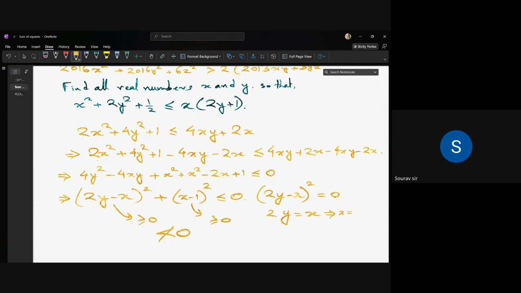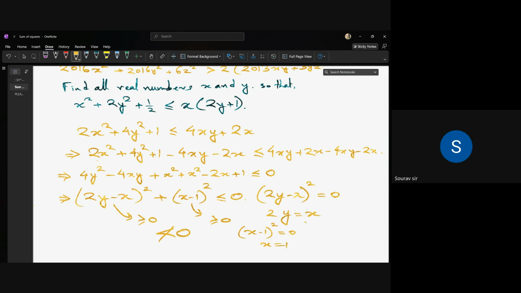Now from the second part, if x minus 1 whole square equals 0, then our x is equal to 1. Sorry, this part is wrong.